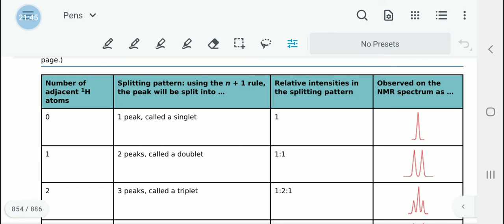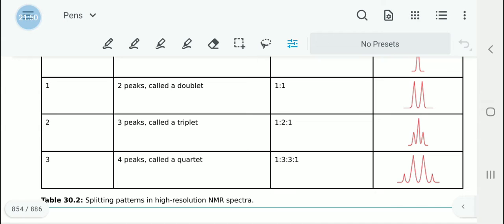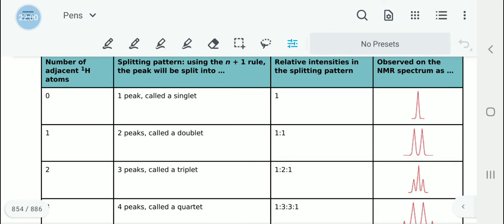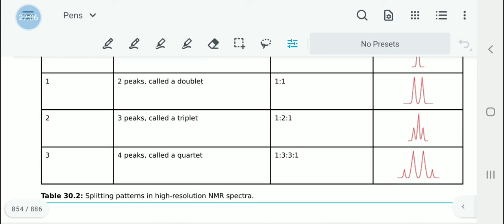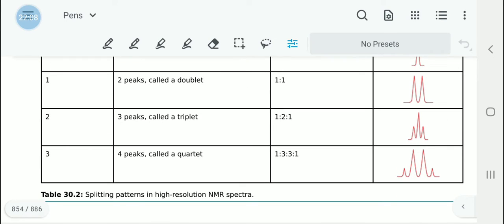The next one would have two adjacent hydrogens; if there are three peaks, then it would be a triplet. Then the next one, with 4 peaks, would have 3 adjacent hydrogen atoms.